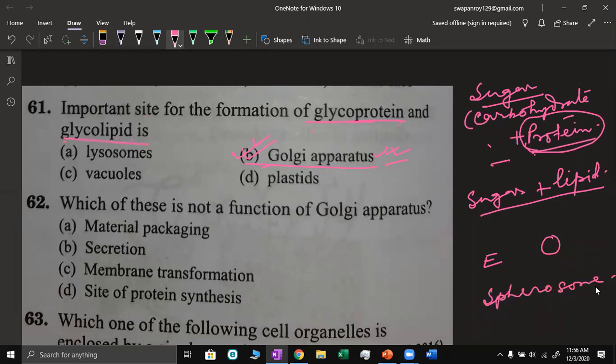Those things are packed, and then finally it is sent maybe within the cell or outside the cell. So the Golgi complex is the processing and packaging industry of the cell.